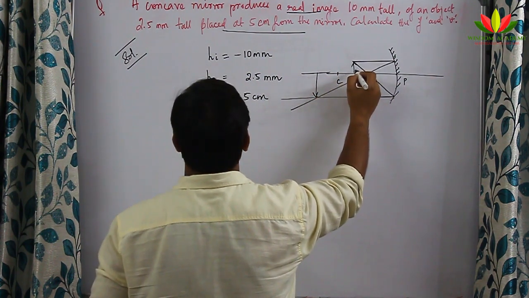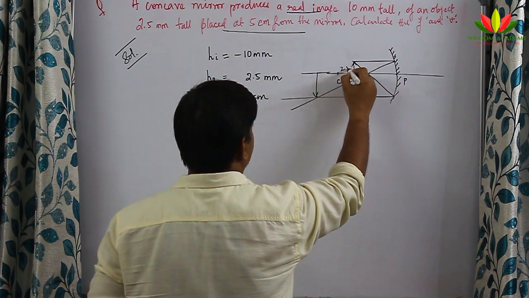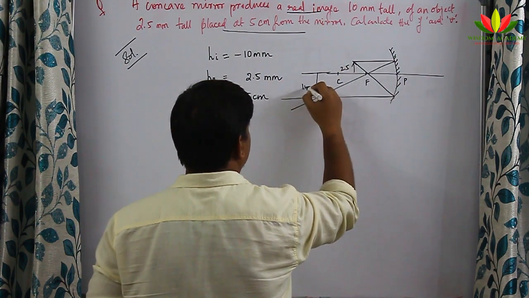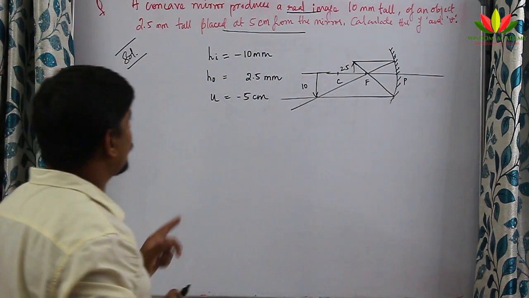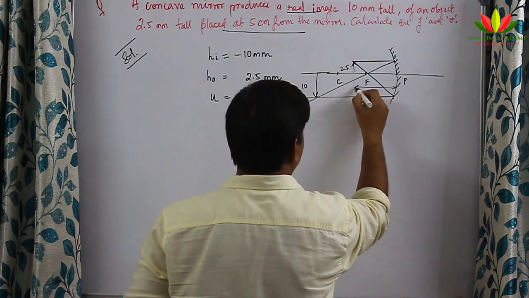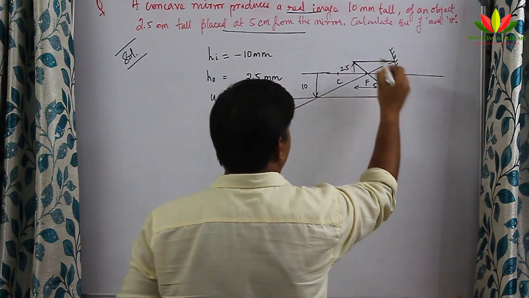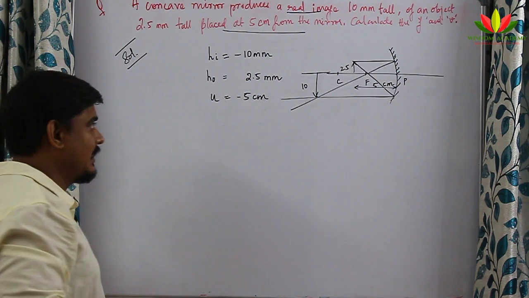They have given the value of this as 2.5 mm and this is 10 mm. Okay, the object is placed 5 cm away. So this is given as 5 cm. They have asked you to find what is the value of focal length and what is the value of v.